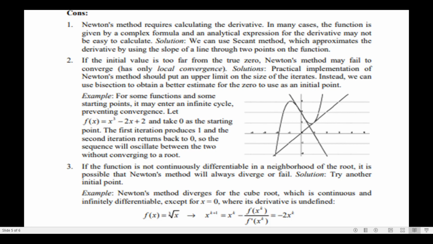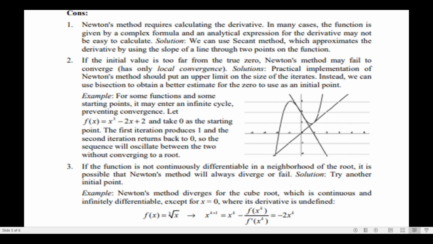It is possible that Newton's method will always diverge or fail, because the function is not differentiable in the neighborhood of the root. In such a case, try another initial point. We have to change the initial point.